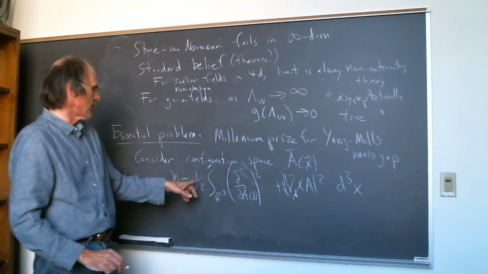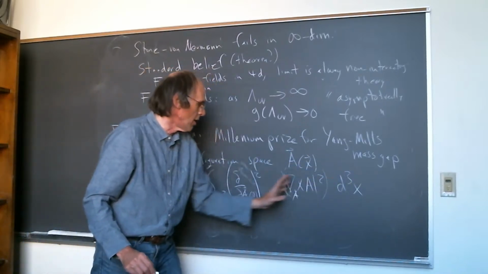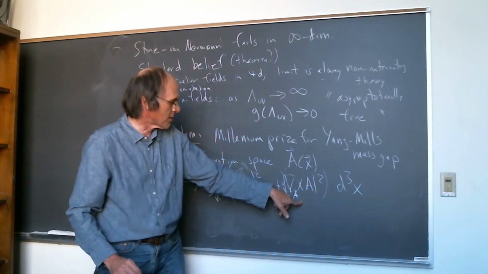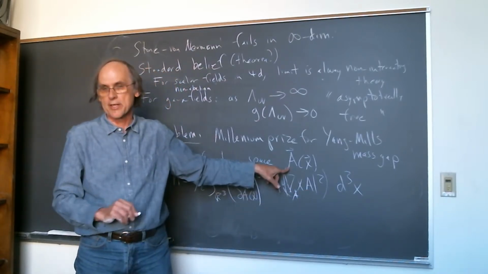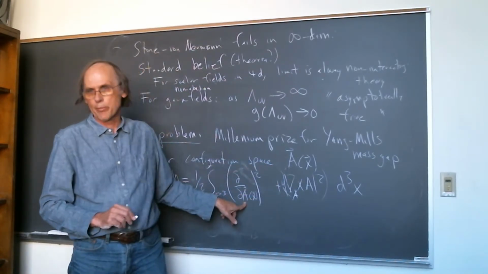You can think of this Hamiltonian operator as an integral over some density. These guys are just acting as multiplication operators on the coordinates on your configuration space, and this guy is just a differentiation operator.